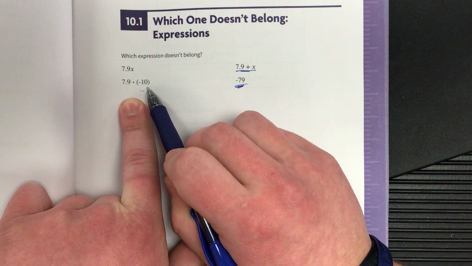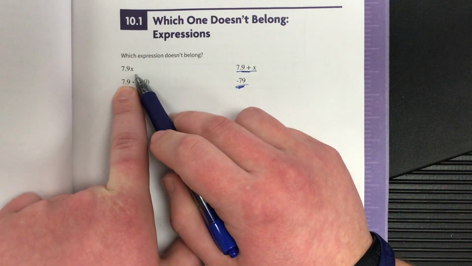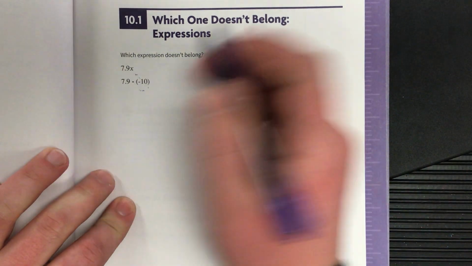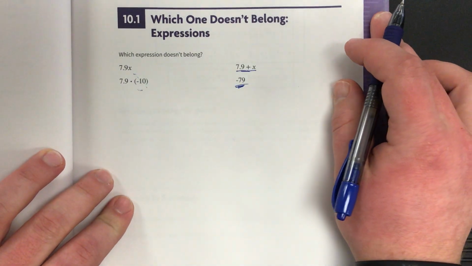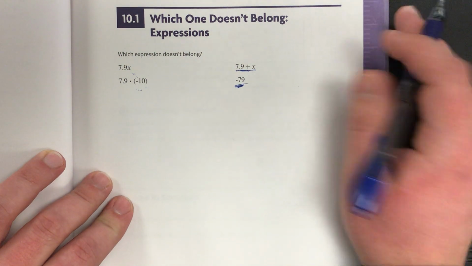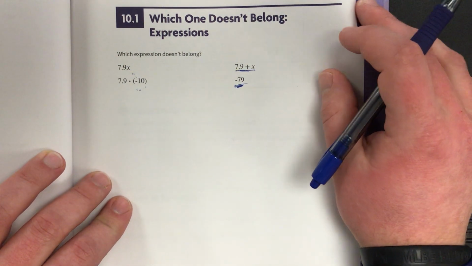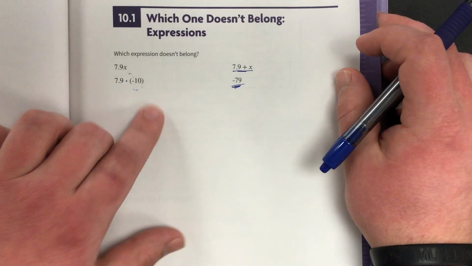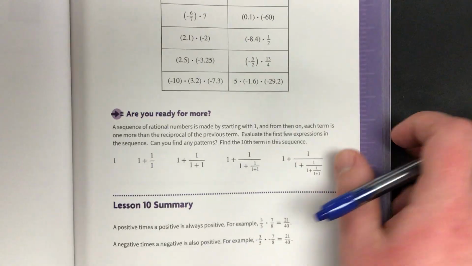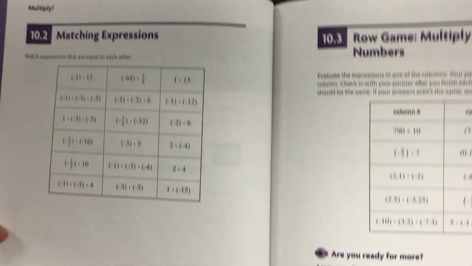So that's different about that one, right? 7.9 times x is here with a variable, where we're multiplying with a variable. So this is one of those where you kind of pick your poison and pick which one doesn't belong for whatever reason. Just kind of try and get you to think outside the box, all right? So any one of those could be right with the right explanation there. All right? Moving on.